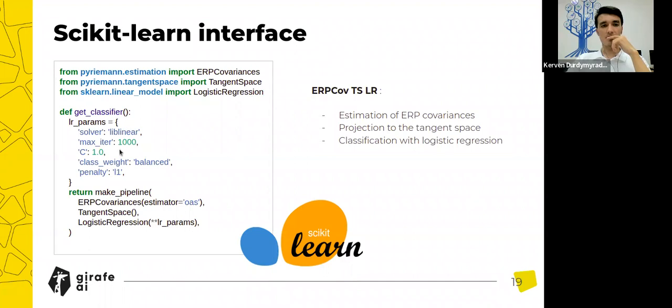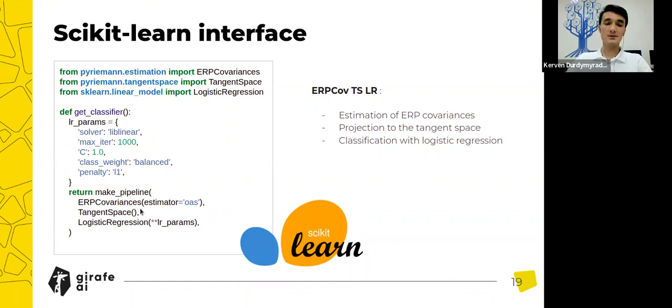In the first step, we are finding the covariance of our initial signals. Then we are projecting our covariance matrix to the tangent space, and finally we are using a classifier, for example logistic regression. Let's dive a bit into these steps.